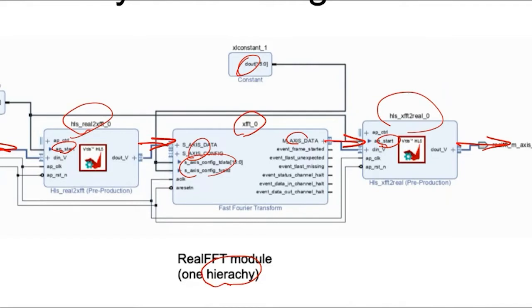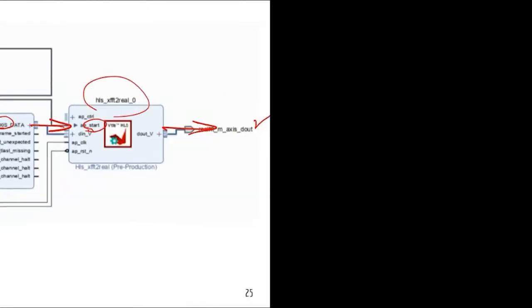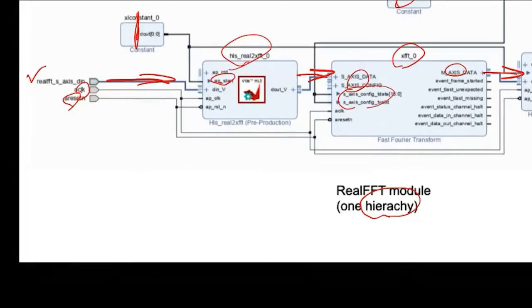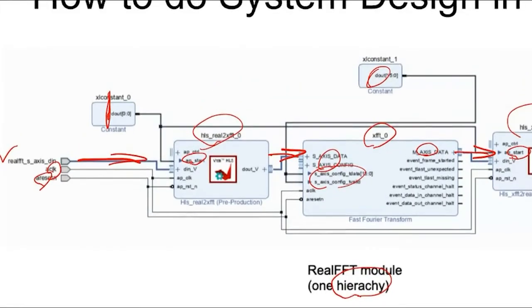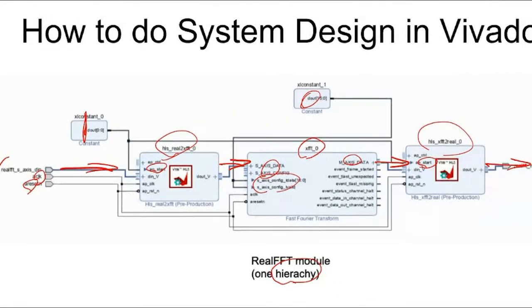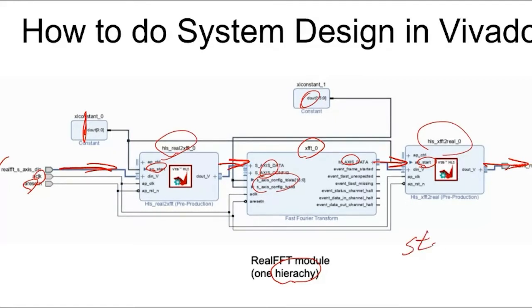And this one on the right side is the output. It's a stream interface. One is stream to memory, and this one is from memory to stream. And in your C code, what's the structure?